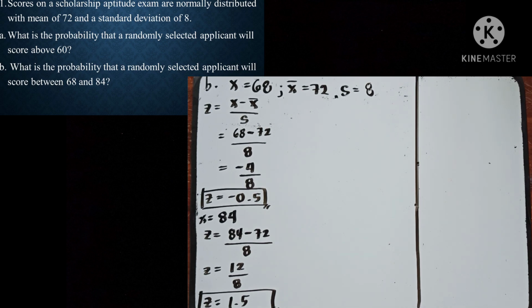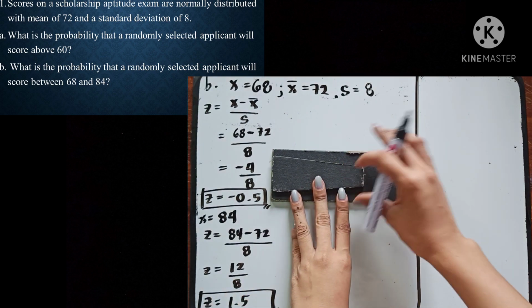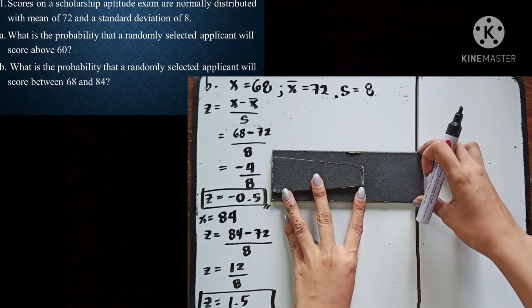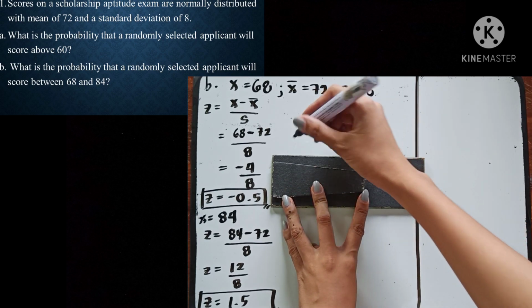Okay? So, alalahanin ano yung steps. Ano yung steps sa pagkuha ng areas under the normal curve. Okay? So, first is sketch the normal curve. So, sketch lang natin yung ating normal curve.